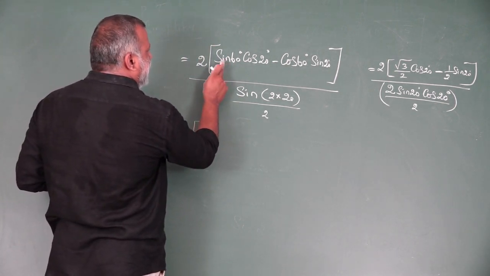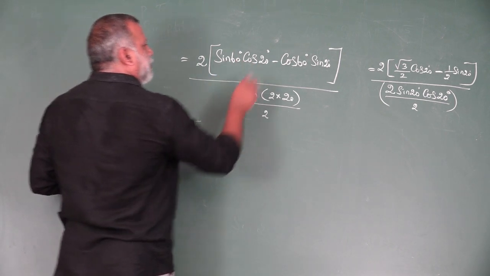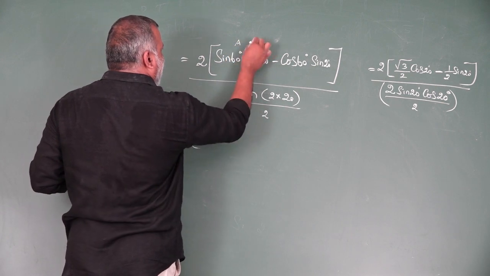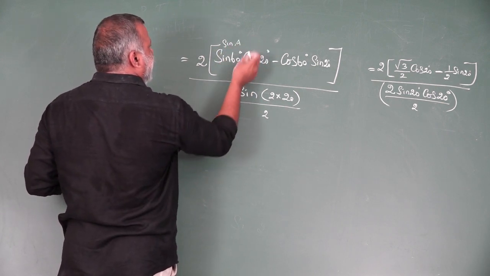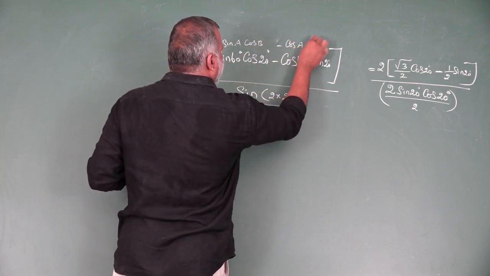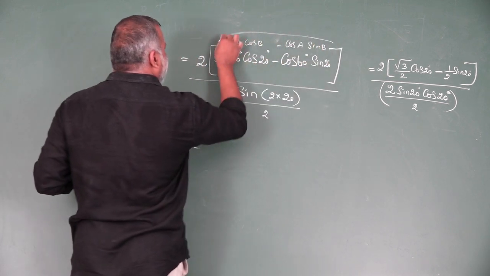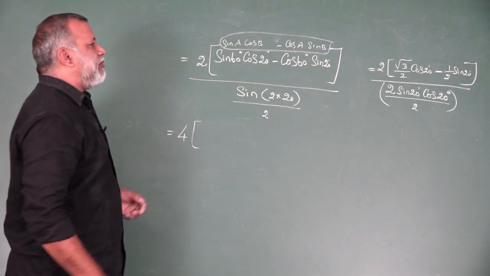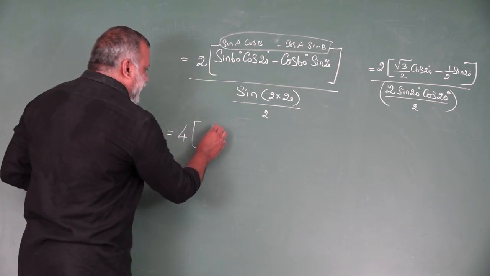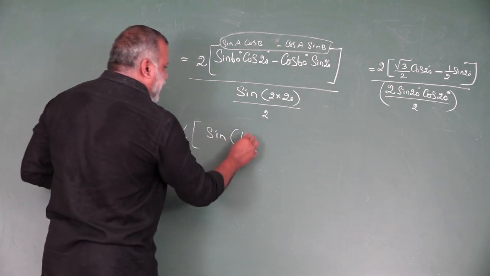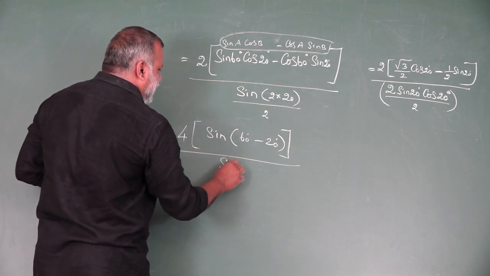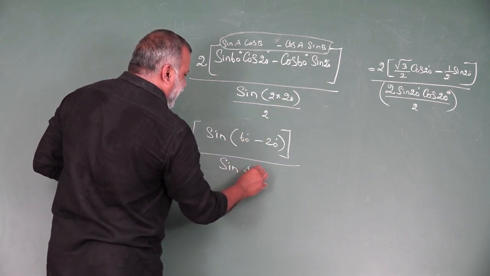Then the remaining value, see here: sine 60 cos 20 minus cos 60 sine 20. It is in the form of sine A cos B minus cos A sine B. See here, sine A cos B minus cos A sine B is related with sine of A minus B. Therefore we can say sine of A is 60, B is 20, divided by sine 2 times 20, we can get 40.